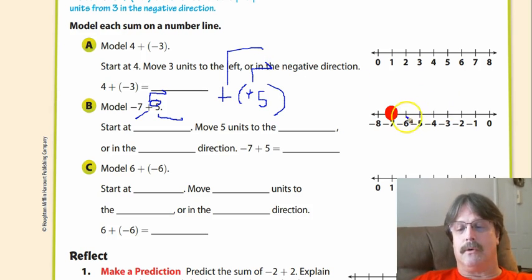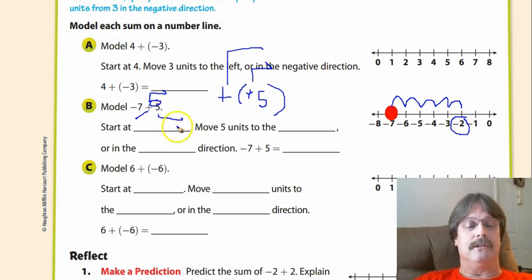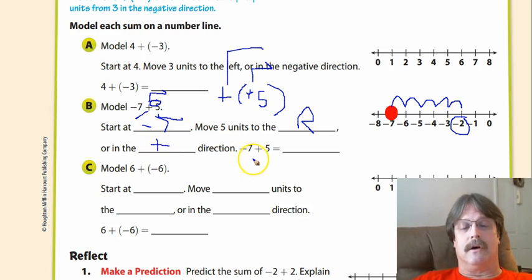We're going to go 5 units: 1, 2, 3, 4, 5, and this is where we end up, at negative 2. So you start at negative 7, you move 5 units to the right, or in the positive direction. So negative 7 plus 5 is going to equal negative 2.